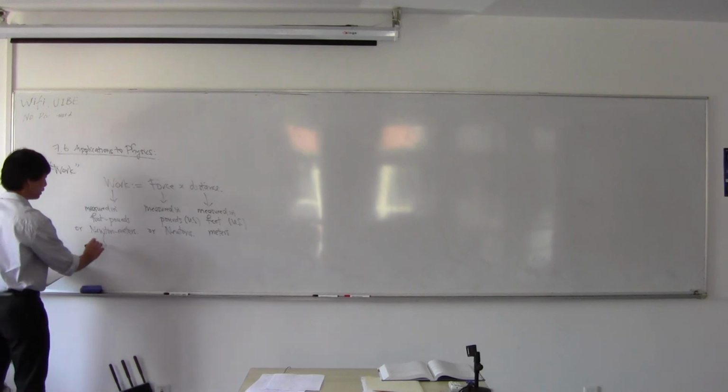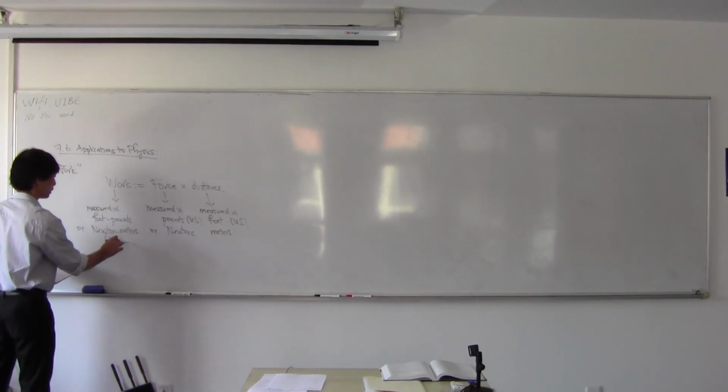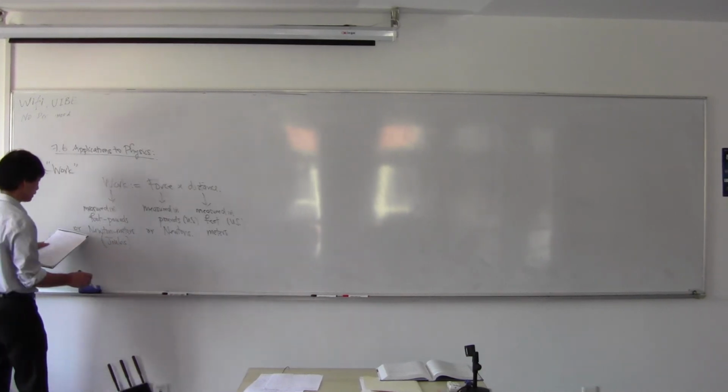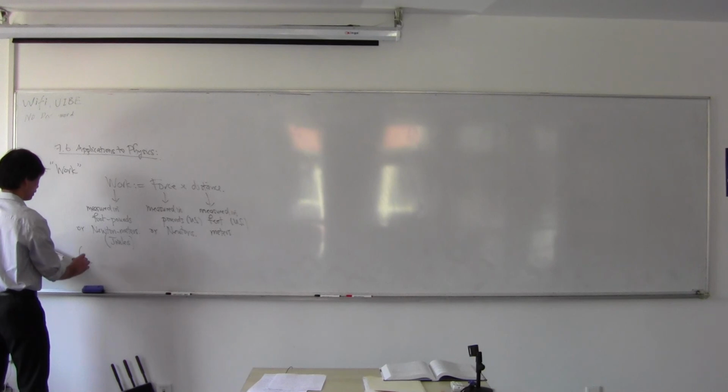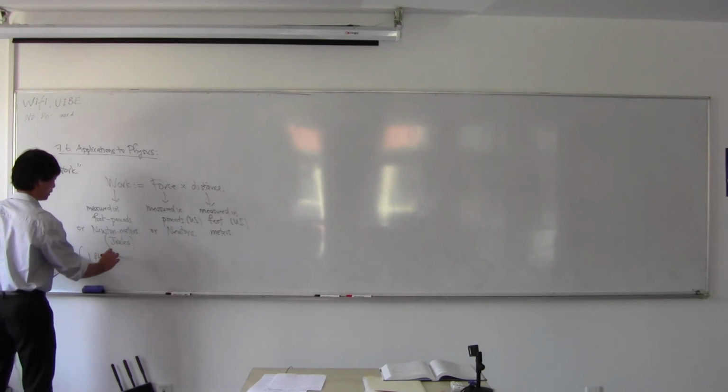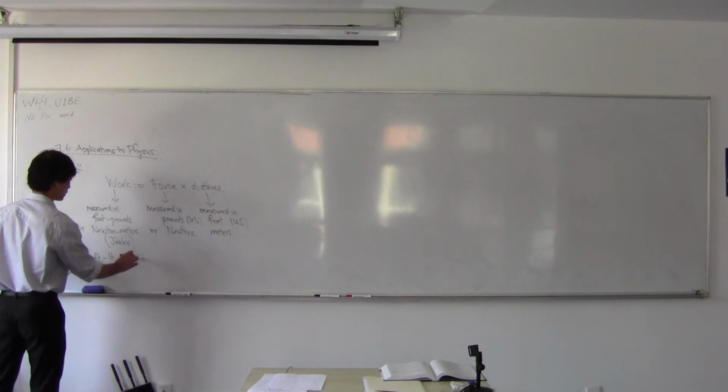A Newton meter is also called a joule. Joules. And apparently 1 foot-pound is approximately 1.36 joules.